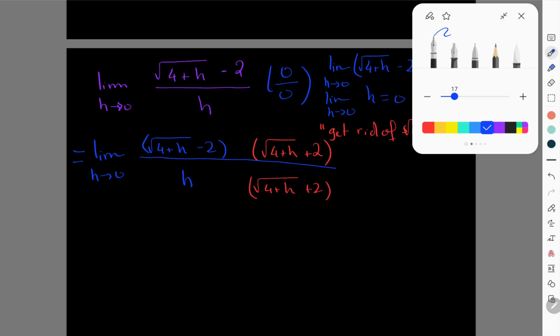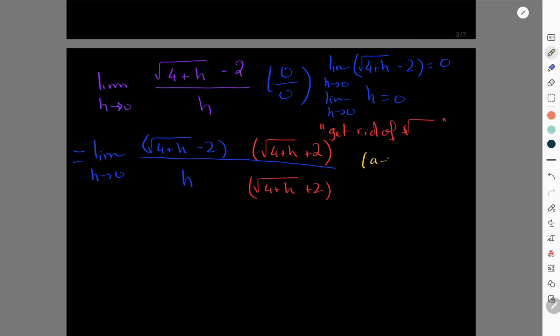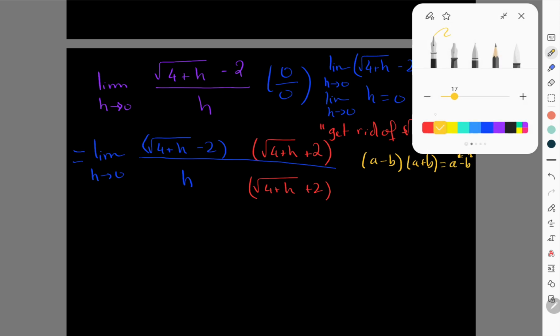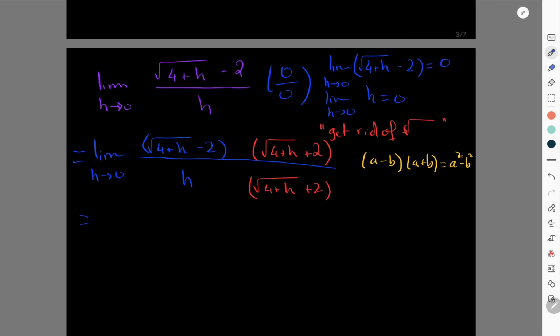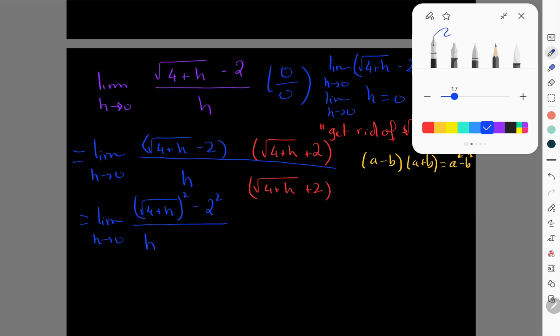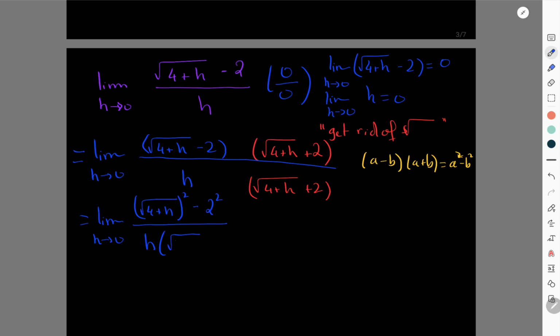And here notice that I'll be using the equality that (a minus b) times (a plus b) is a squared minus b squared. Hence we get (square root of 4 plus h) squared minus 2 squared, over h times the conjugate.